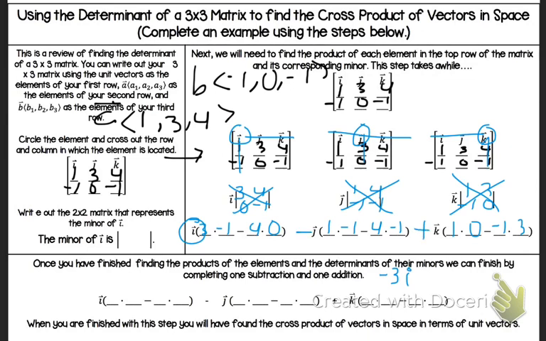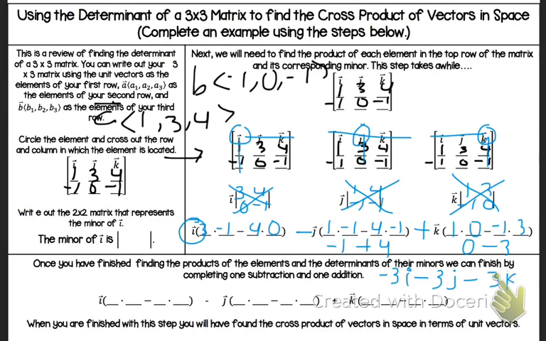So here we get -1 minus -4, so plus 4, which is positive 3 actually. That's going to be minus 3j because of the negative sign. And then this one we get 0 minus 3, which is -3k. Wow, that's a lot of 3's.